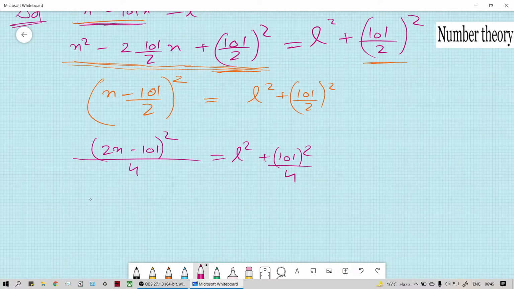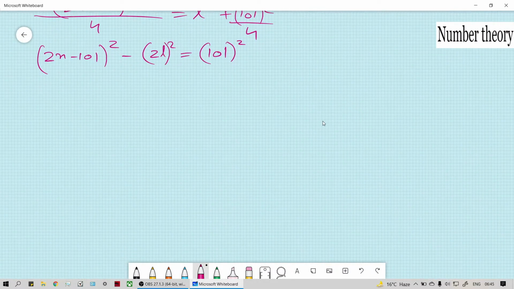From here we can then bring that L squared to this side, and we got what we wanted, which is a number on the right hand side, and these two terms can be factorized easily. Write this 4 as (2L) whole square. Now we can factorize it very easily. It will become this.